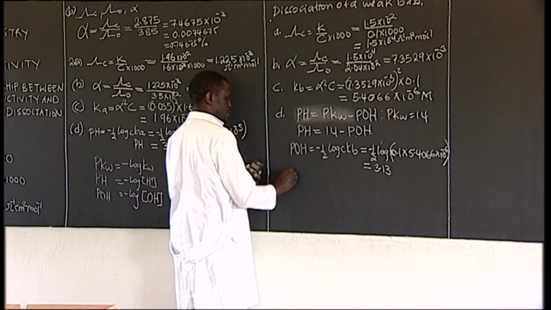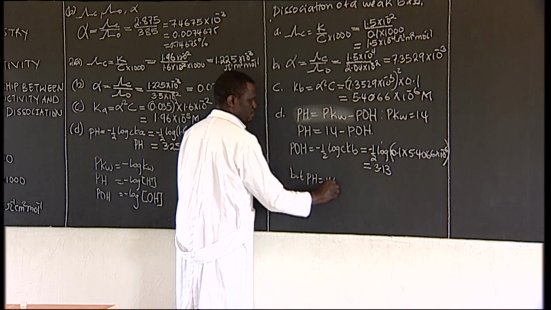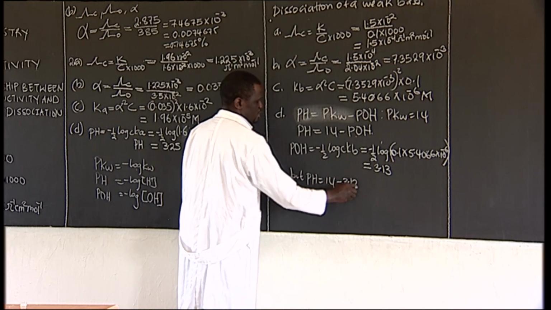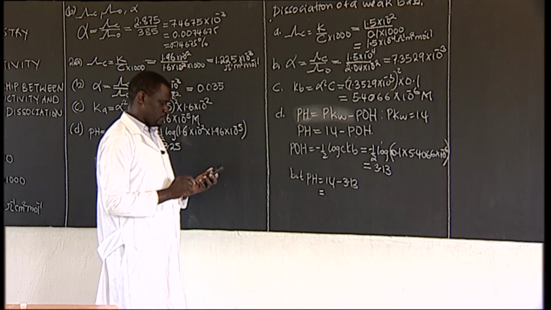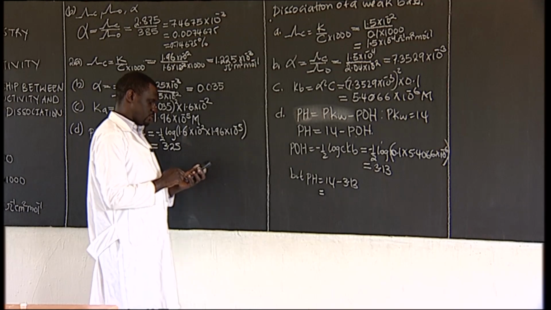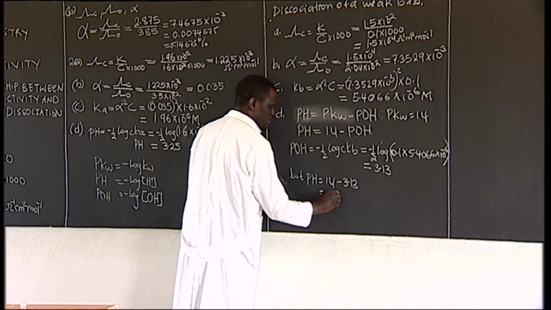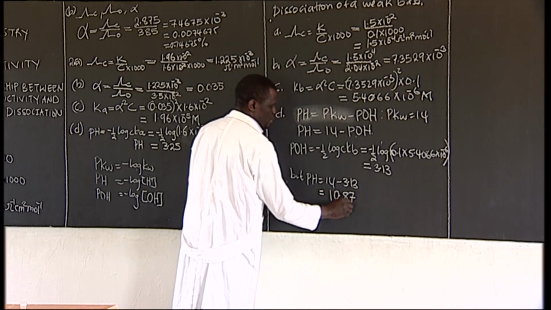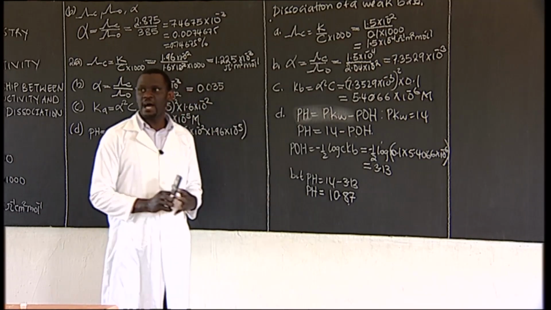But pH is equal to 14 minus 3.13. So our pH will be equal to 10.8. When you are calculating pH, especially of bases, you should recognize that they are always above 7.